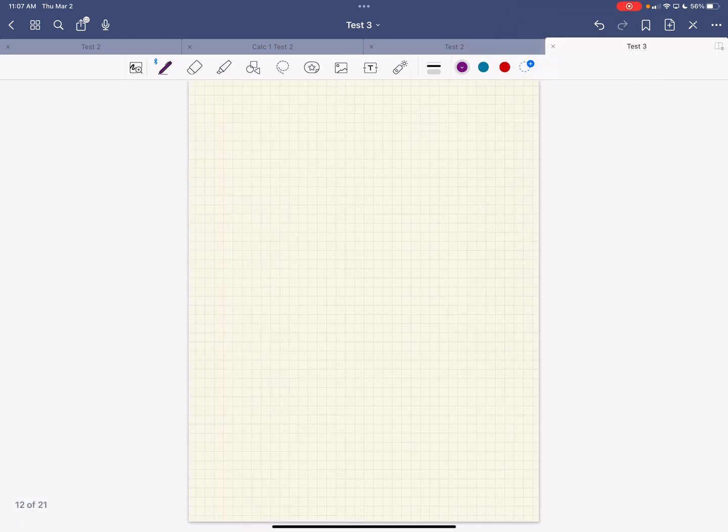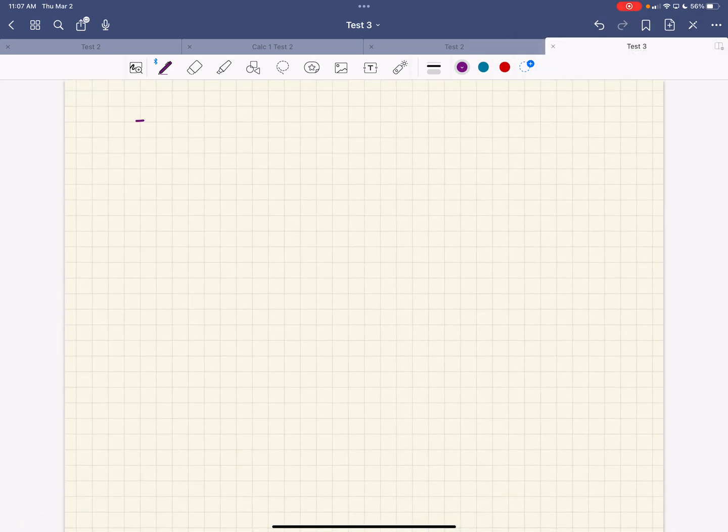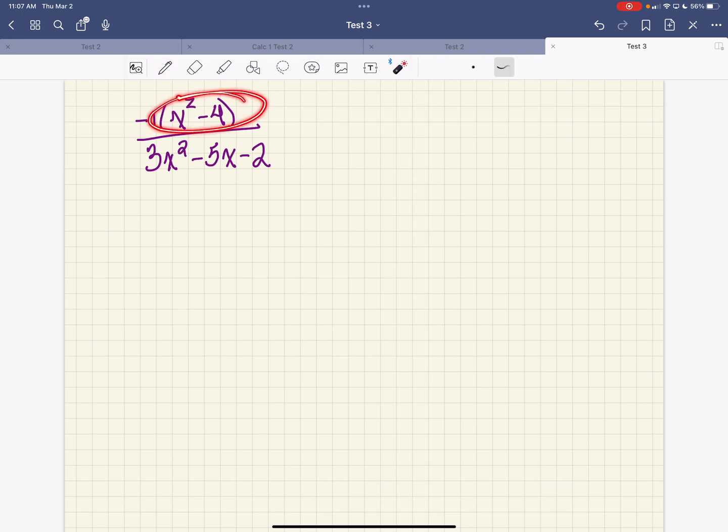So I have negative 1 times x squared minus 4 over 3x squared minus 5x minus 2. Okay? This is difference of perfect squares right here. So I'm going to have negative 1. Keep your negative 1. And I've got x plus 2, x minus 2.